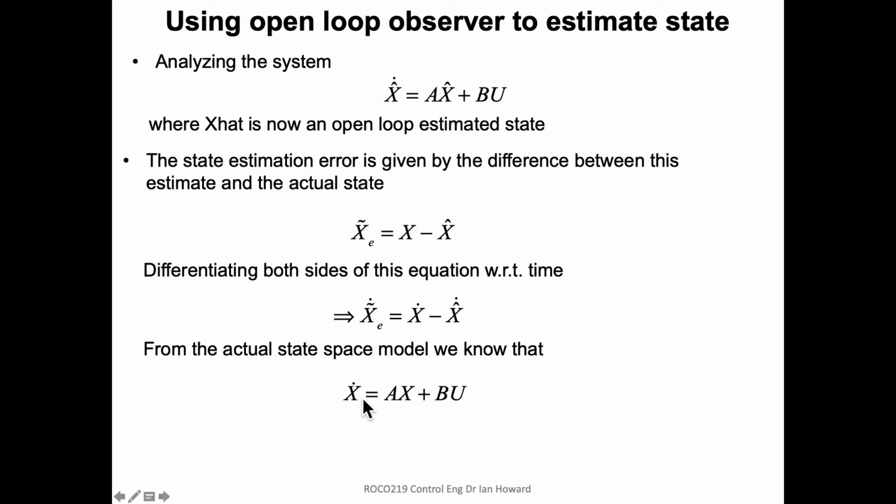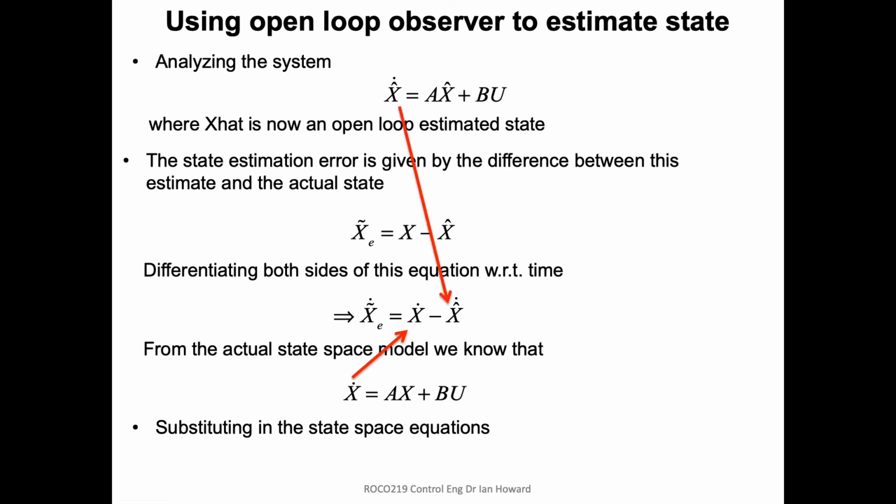For the actual system first of all, x dot equals ax plus bu. We can substitute that in, and we can also substitute in the equation for x hat dot, which is our predicted state.